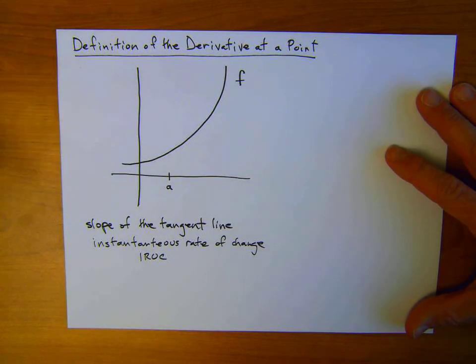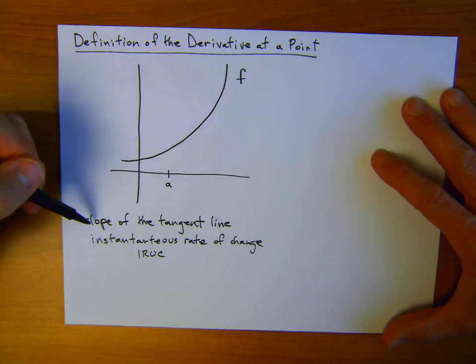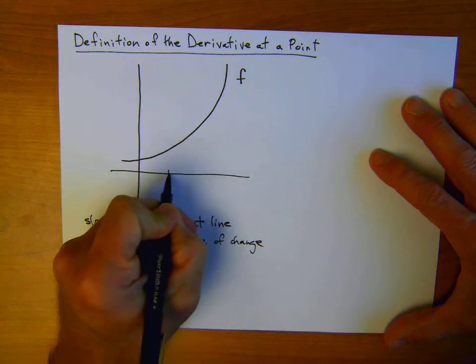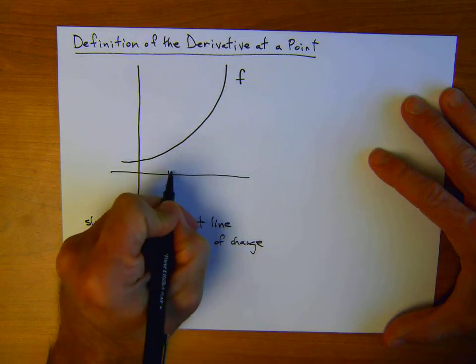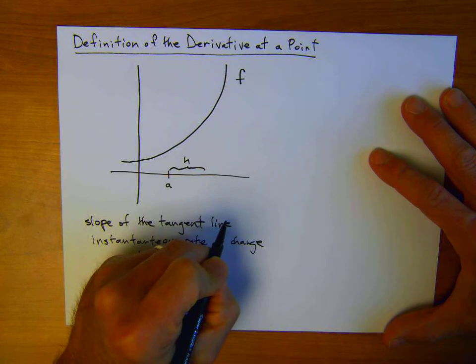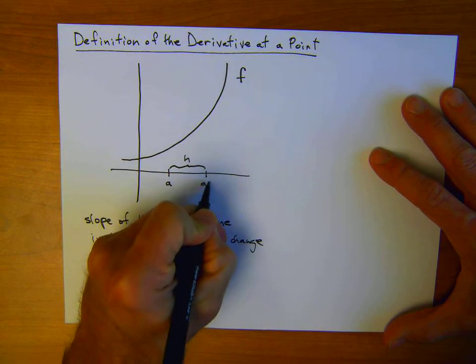So I want to talk about where we get the algebraic definition from and how it's related to the graphical representation. We've seen that one way to estimate the slope of the tangent line is by using a secant line. So I'm going to take this point in the domain, and add a certain amount to it. I'm going to call that amount h. That's just what I'm adding to a. So over here, I'm at a plus h.